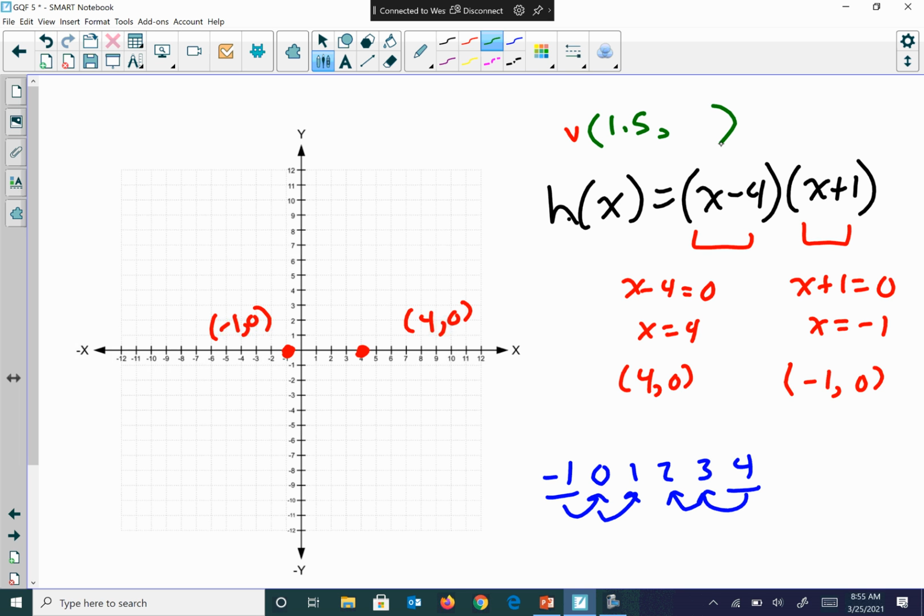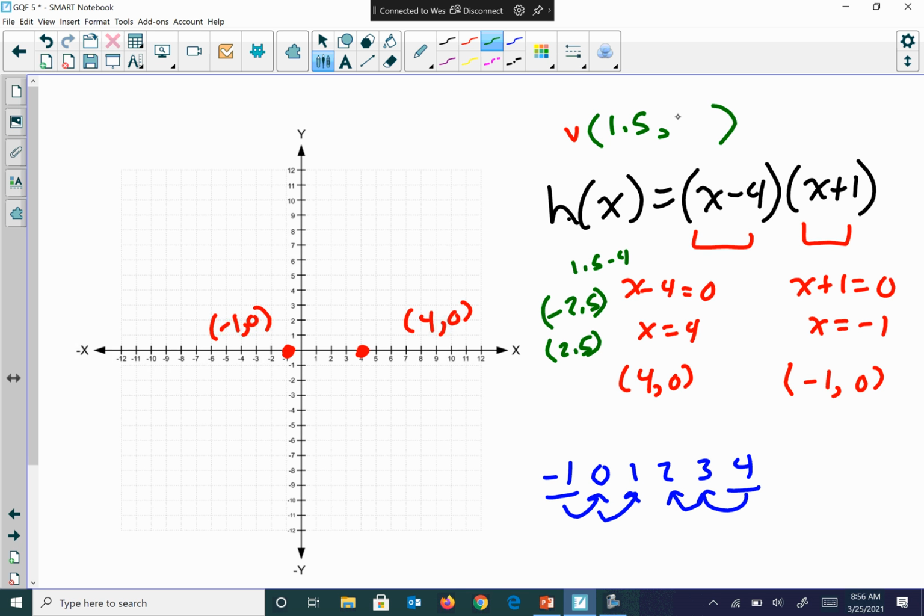I got a decimal. I give up. You got a calculator, though. Oh. No, don't give up. 1.5 minus 4. So 1.5 minus 4. That's negative 2.5. 1.5 plus 1 is 2.5. Oh, wait a minute.